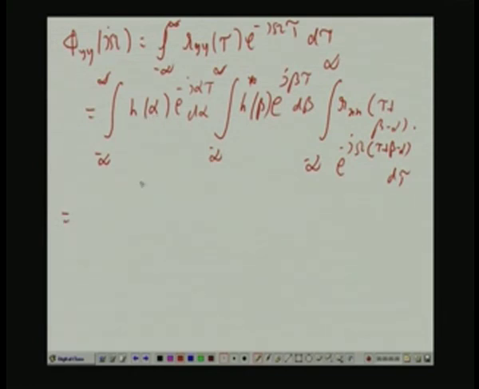The first quantity is the Fourier transform, the transfer function H(jω), the Fourier transform of the impulse response.